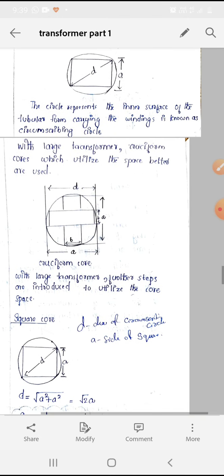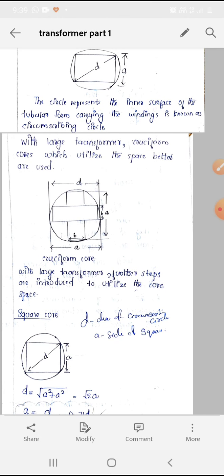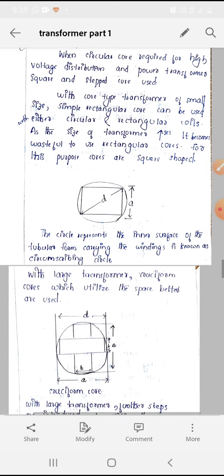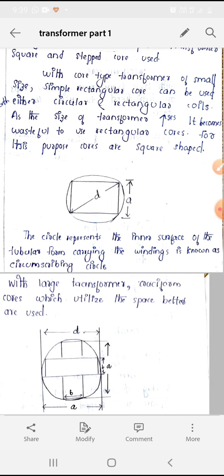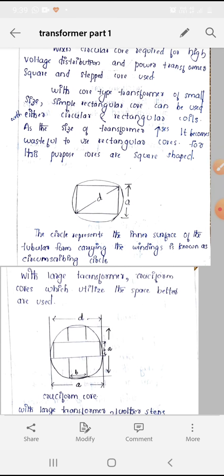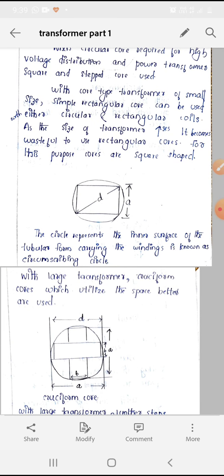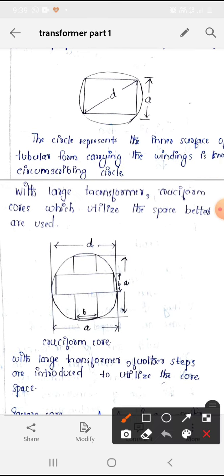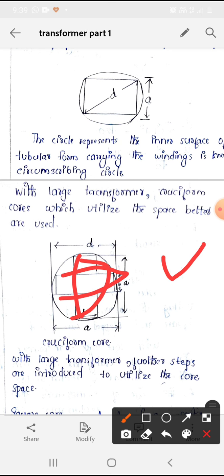See here, this is the square type core, and small d is the circumscribed circle. Okay, and this one is the cruciform core. So this is the core and this is another core.